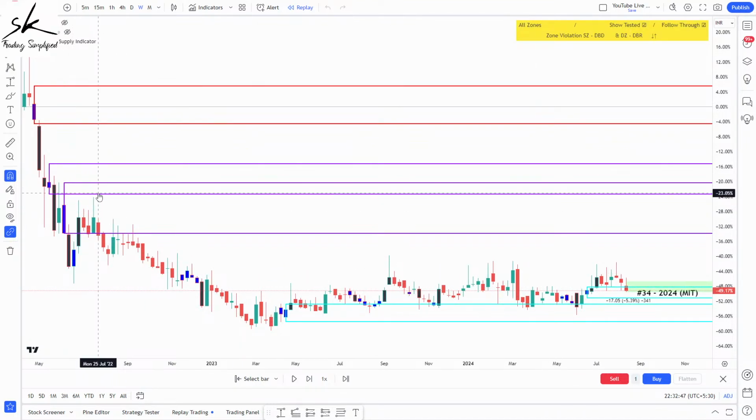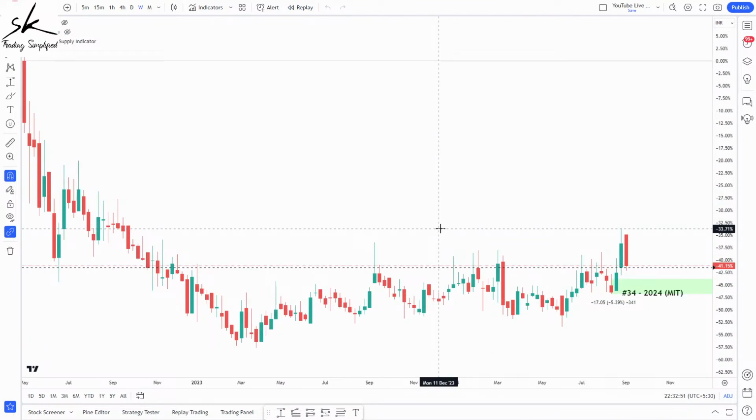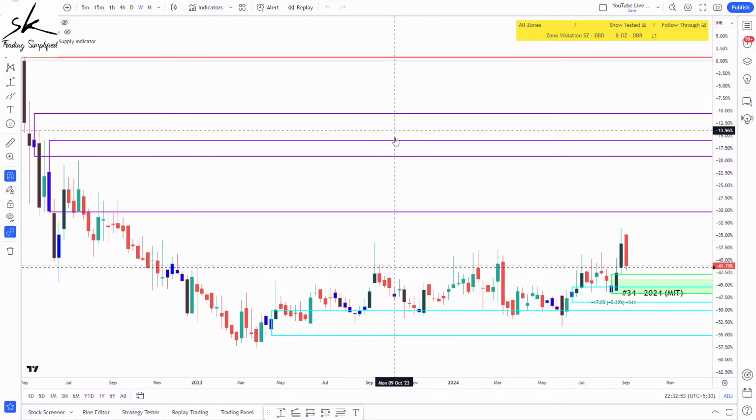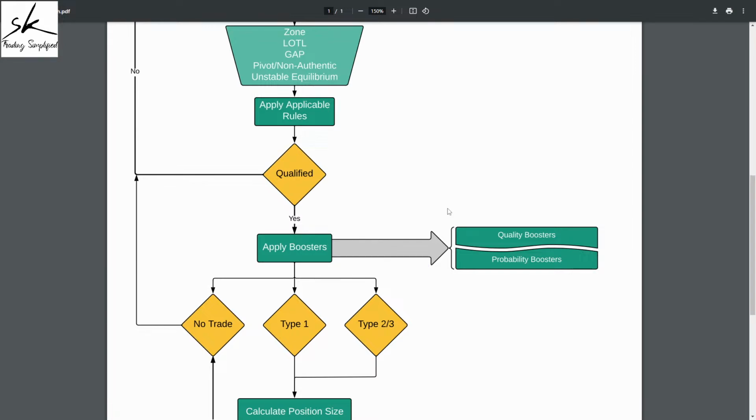So unless this supply gets violated, our aggressive rule will not qualify this zone. Now, if you are somebody who only plans trades using the aggressive rule, this is where the zone will get disqualified for you. This is also a very common question I've got in the last few sessions: how does a zone get disqualified? So let's assume that I'm a person who only applies the aggressive rule for the pivot non-authentic zone.